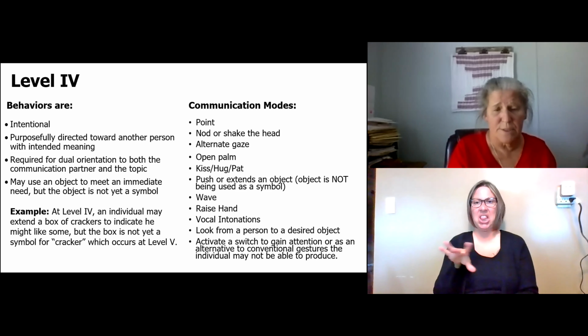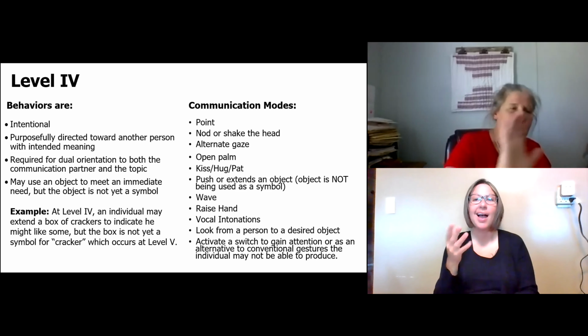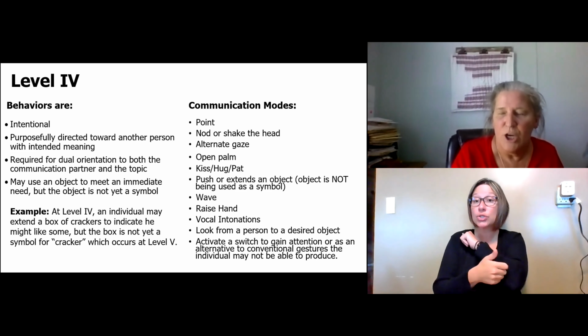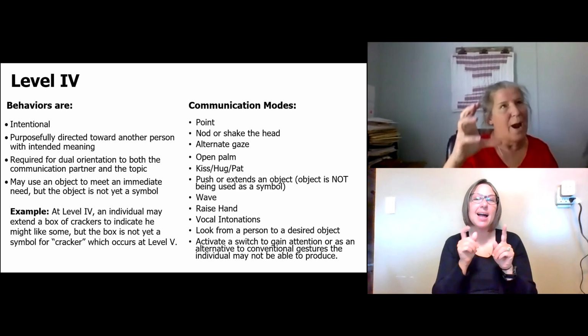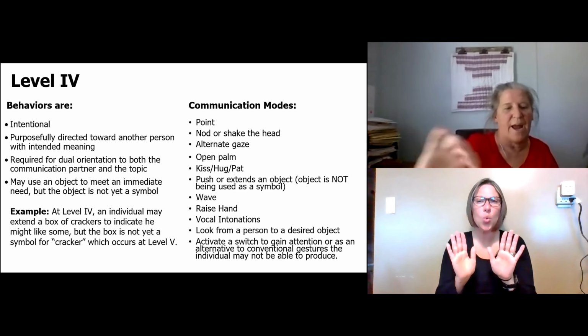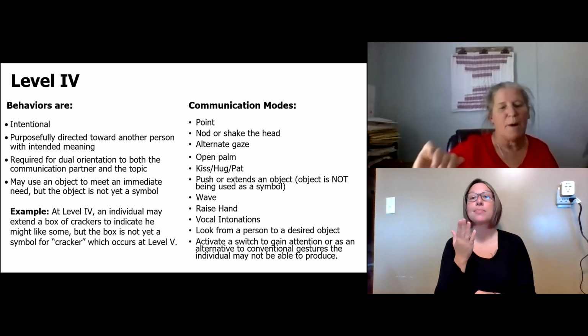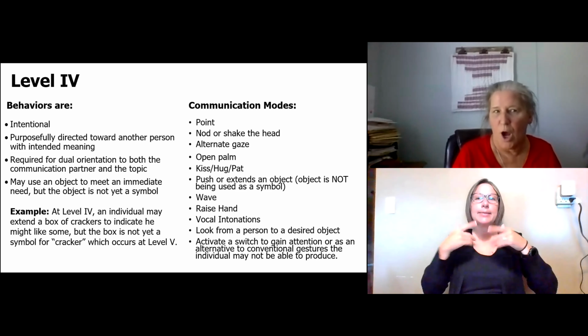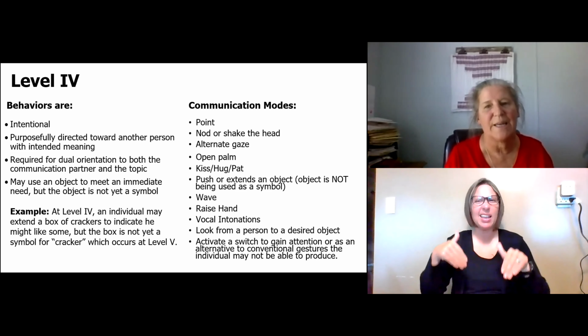Or they may extend a box of crackers, but they're not necessarily using that box of crackers as a symbol. They might like some of it, but they haven't gotten to that symbol yet. They're not quite there, but they're starting to get there.